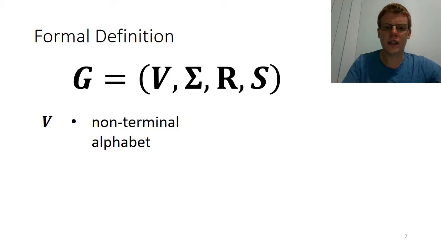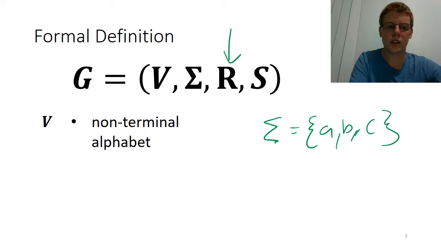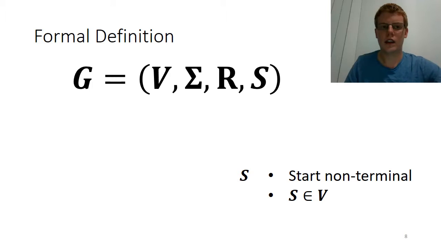V is an alphabet a little bit like sigma, except it consists of symbols which are not allowed to appear in the input string. So before we had sigma was the set A, B, C. In this case, V is not allowed to contain any of those symbols, and V is used within the rules here to help us build up the strings from a starting symbol in V. And that starting symbol is the final element of the regular grammar.